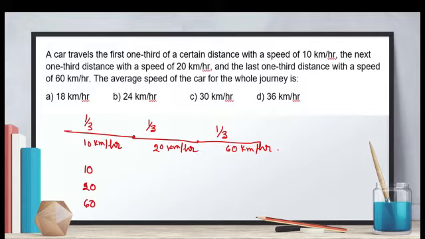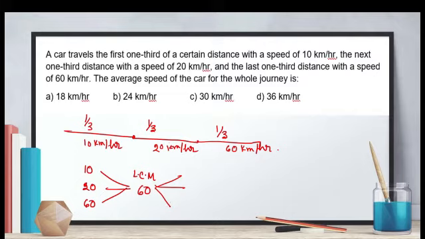So what we'll do? We will take the LCM first. The LCM of these three, 10, 20 and 60, will be 60. Now we will find the time. So we will divide this unit distance by speed.